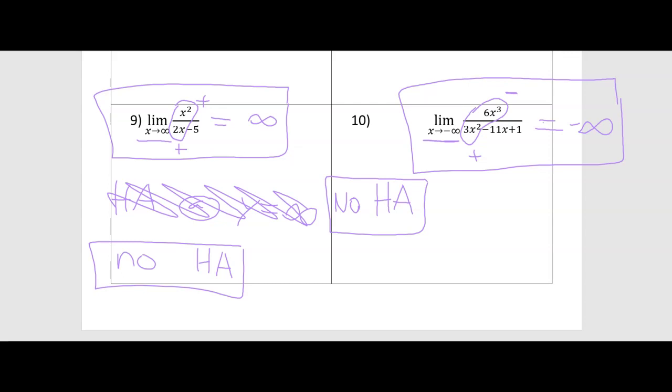It might be helpful to talk through it out loud, talking through why the numerator is approaching either a positive or a negative value, why the denominator is approaching a positive or negative value, and why, if the power in the denominator is larger than the power in the numerator, the limit's going to be equal to 0. Again, just being able to explain these rules in your own words rather than just regurgitating the actual rule itself.